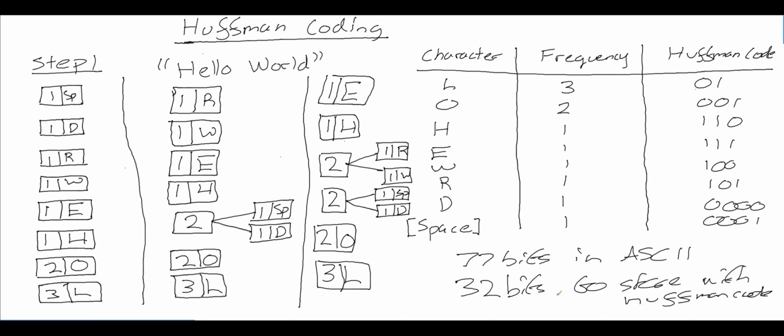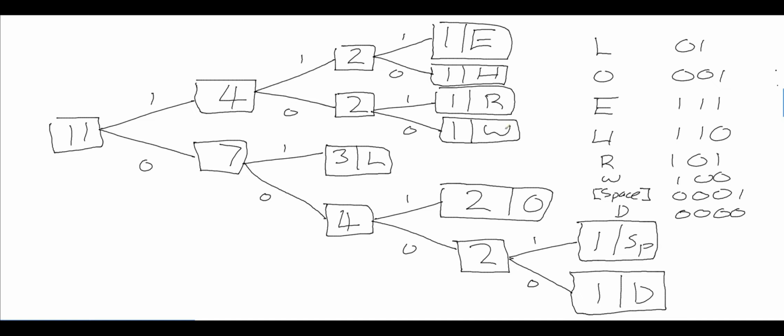To decode something in Huffman code, let's have a look back at our Huffman tree. So for decoding, looking at our Huffman tree, if we want to decode an L, we would look at the Huffman code starting at the root node. See that it starts with a 0, so we go down the branch of the tree with a 0.